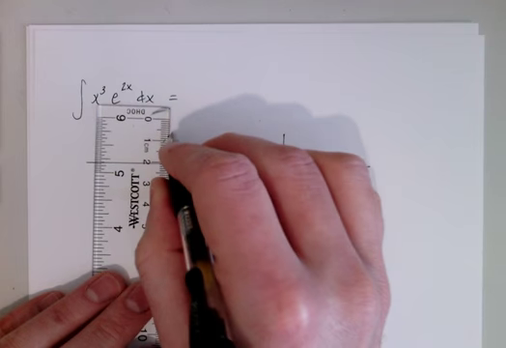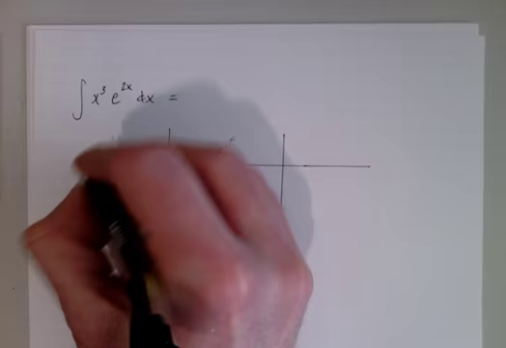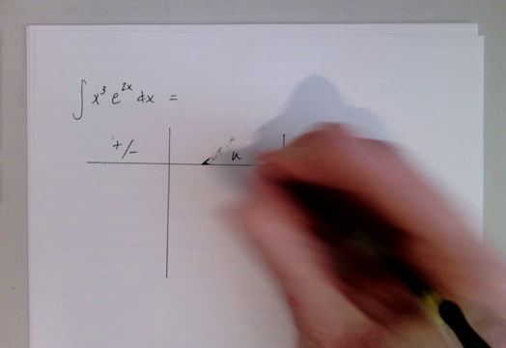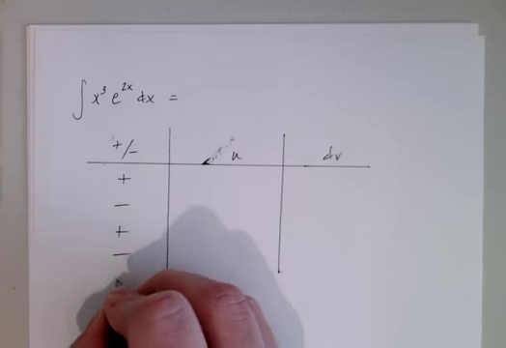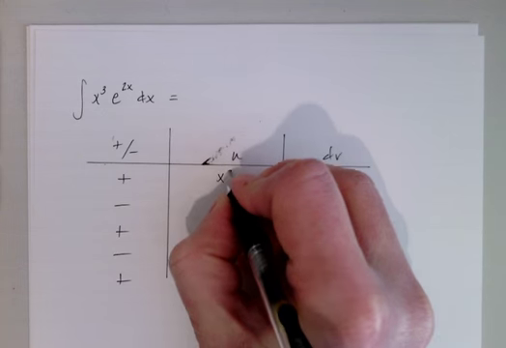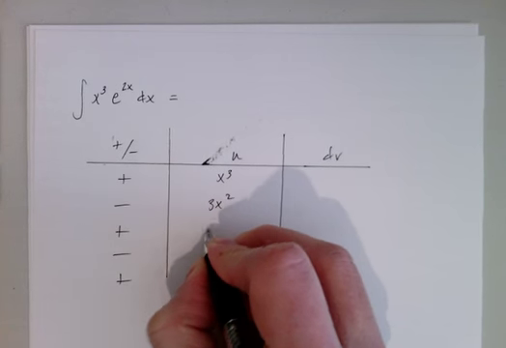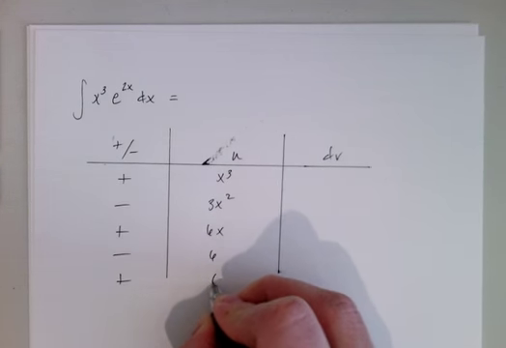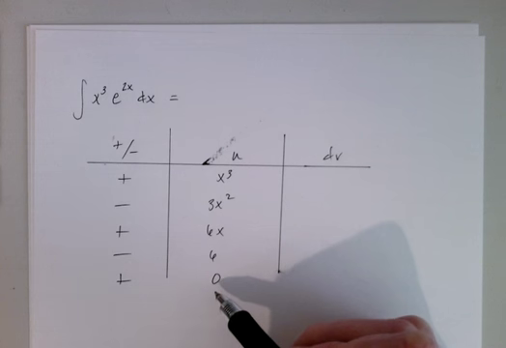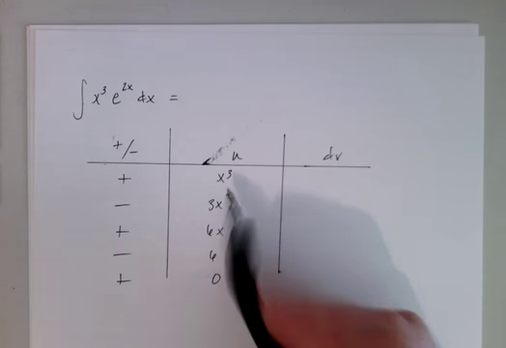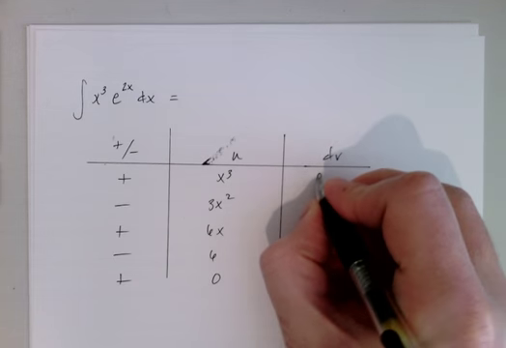The only problem with using a pen is they smear. So let's do positive and negative, u and dv. Positive, negative, positive, negative, positive. I know that x cubed becomes 3x squared, which becomes 6x, which becomes 6, and eventually disappears after 4 differentiations. And that becomes e to the 2x.